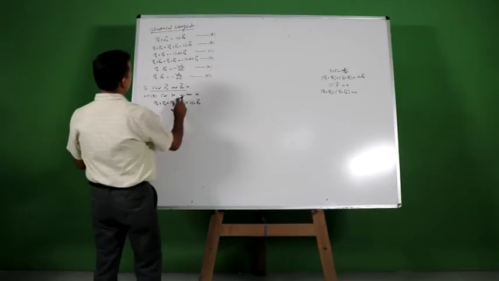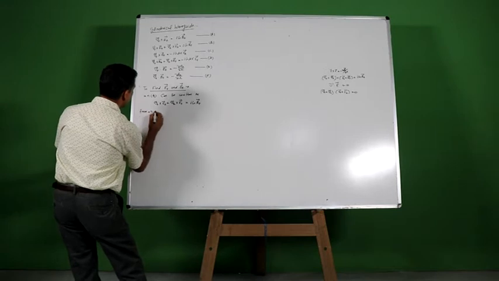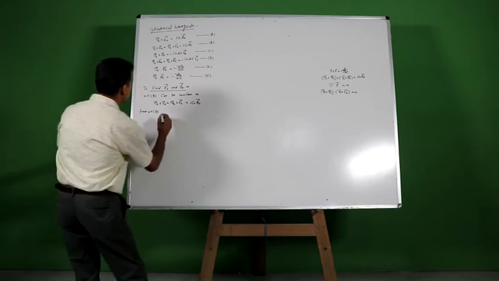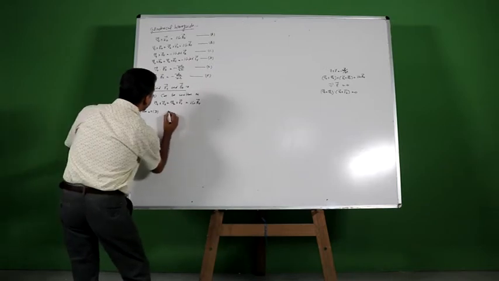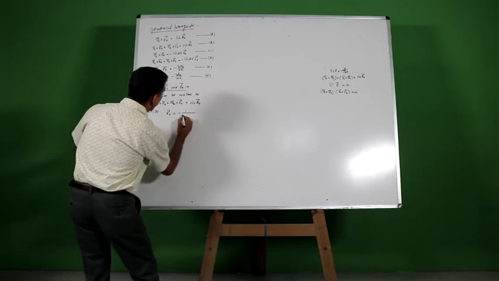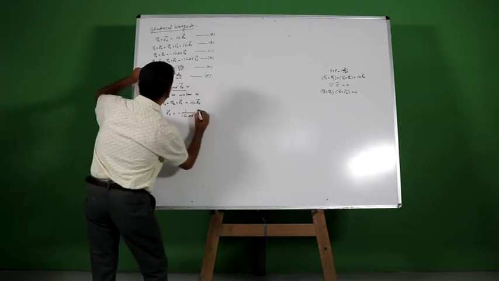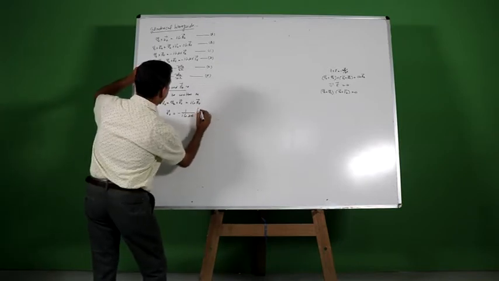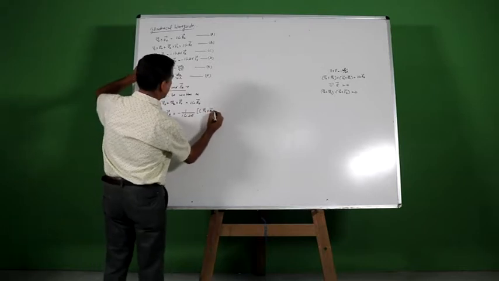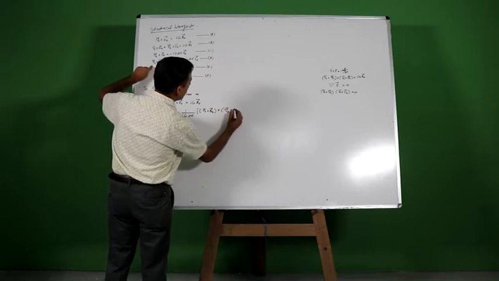So now from equation D, we can write E_t. The value of E_t is equal to minus 1 upon iota omega mu epsilon times del_T cross B_z plus del_Z cross B_t.